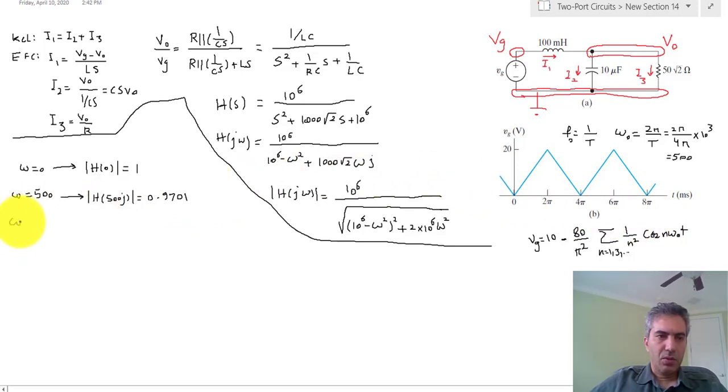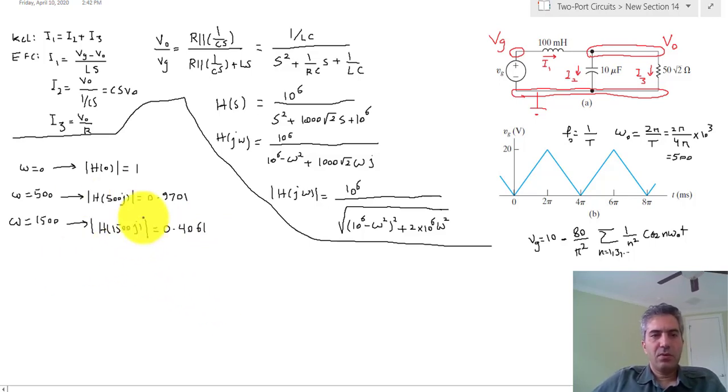Now omega equal to 1500, which is your third harmonic, and this time the magnitude of H of 1500 j. Again, you have to put that value here, and that turns out to be 0.4061.